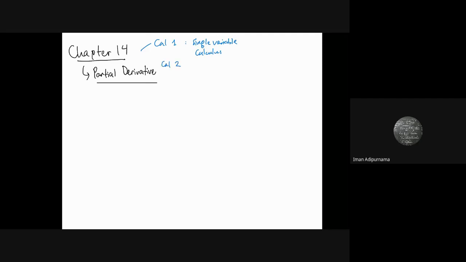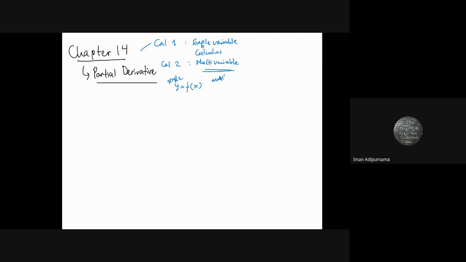And in calculus 2, we are now in multivariable. Multivariable means in calculus 1, we have this, right? In calculus 2, this is single. This is multivariable.